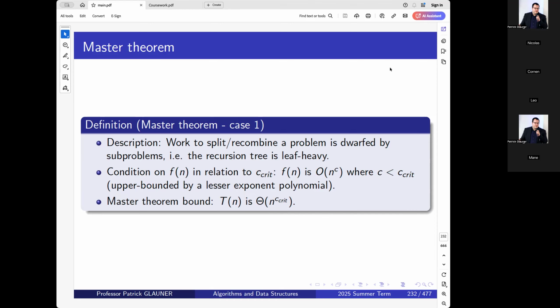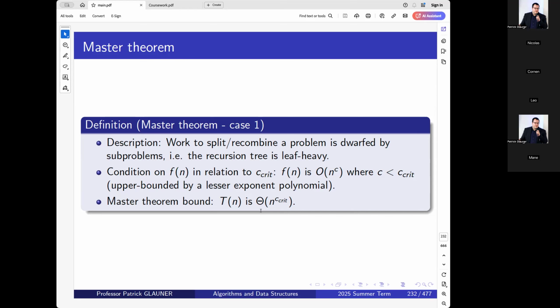And the exact condition on f of n is in relation to the critical exponent. We say f of n is O of n to the power of c, where the c must be less than the critical exponent. You remember the critical exponent was this log base b of a. And here we say f of n is O of n to the power of c when this c is less than the critical exponent.